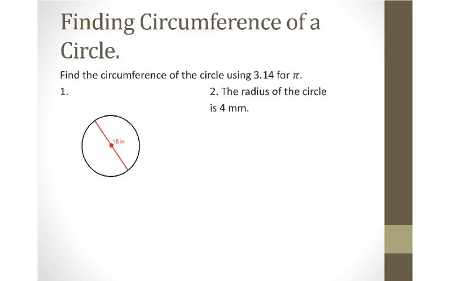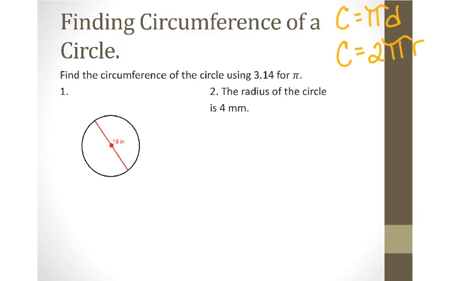So, finding a circle circumference. It says find the circumference of the circle using 3.14 for pi. So with number 1, first and foremost, let's just write our two formulas that I can use. Circumference is equal to pi times the diameter, or circumference is equal to 2 pi r.